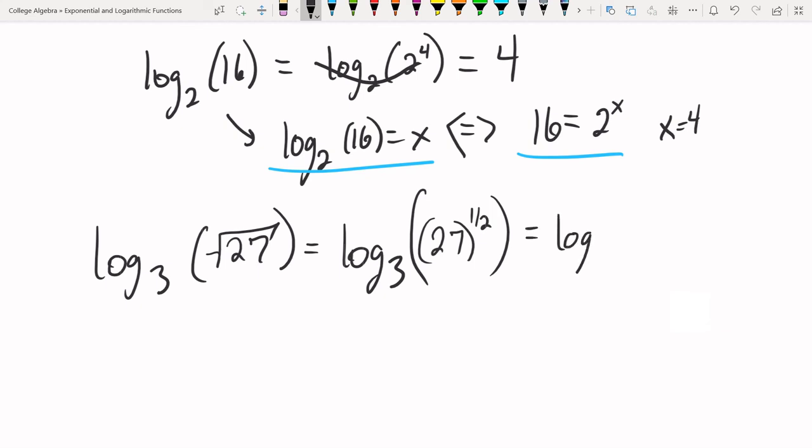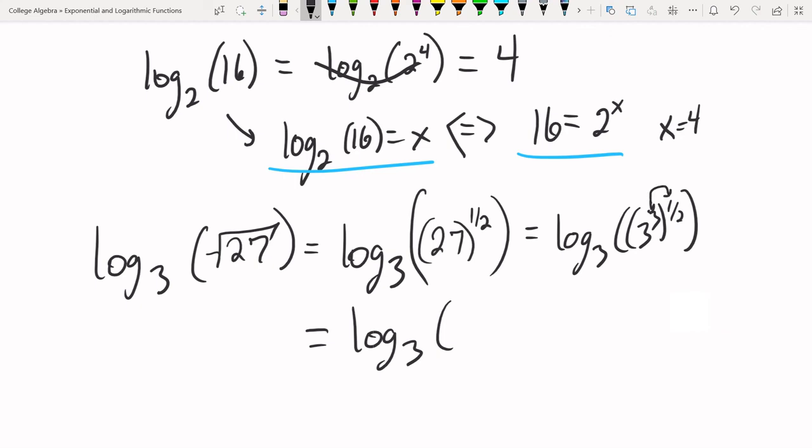And 27 is 3 cubed. Now we just have a power to a power. Power to a power, we multiply them. So we have 3 times 1/2, which is 3/2. And the base of the logarithm and the base of the exponent cancel, giving us 3/2 as the final answer.